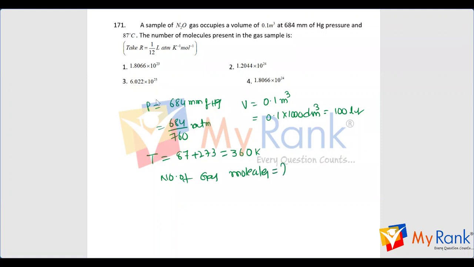How many gas molecules are there? Mainly, PV is equal to nRT. So n, the number of moles, is equal to PV by RT.